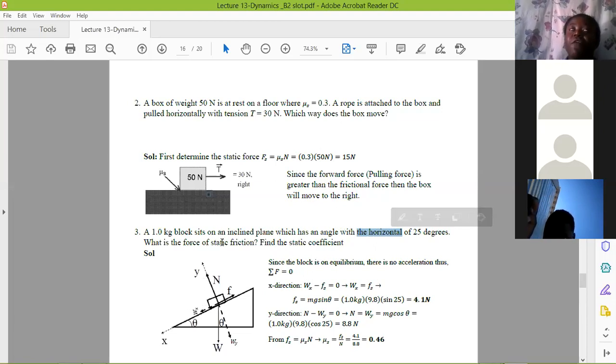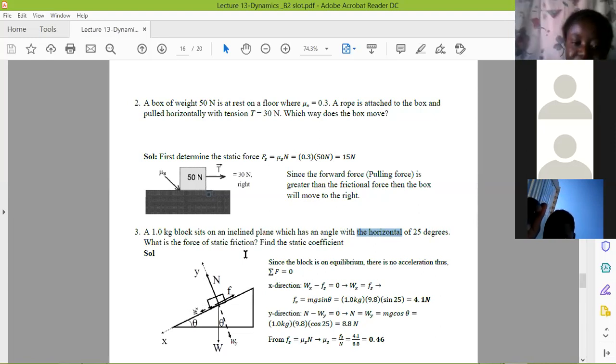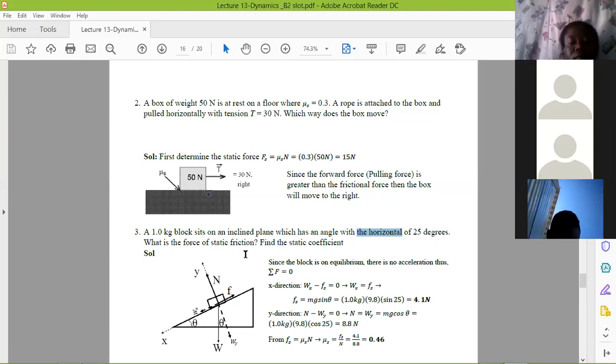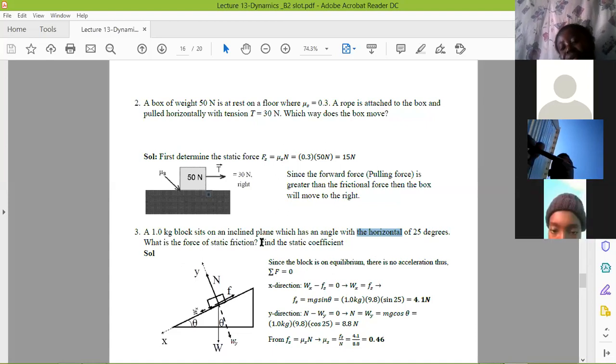What is the force of static friction? Which means, what is the force required by that block so that it will not accelerate, it will not move. Another one is, what is the static coefficient?